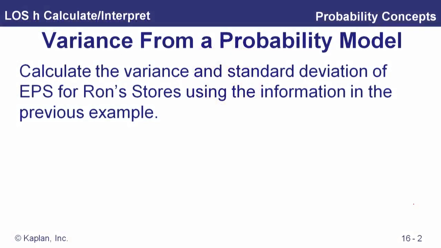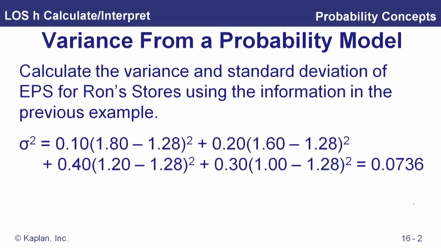And this is a probability model. So we've got those earnings per share from our earlier example on Ron's stores. And we use our expected value there, $1.28. So we take for each of these the difference between the outcome and the expected outcome. And we square all these.